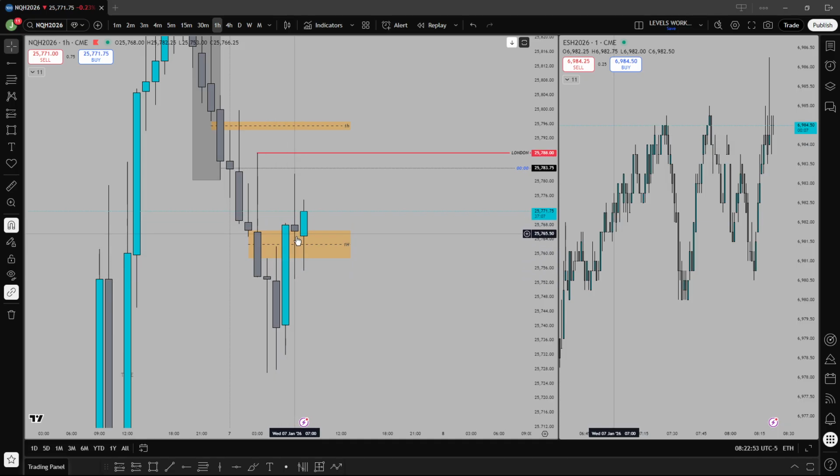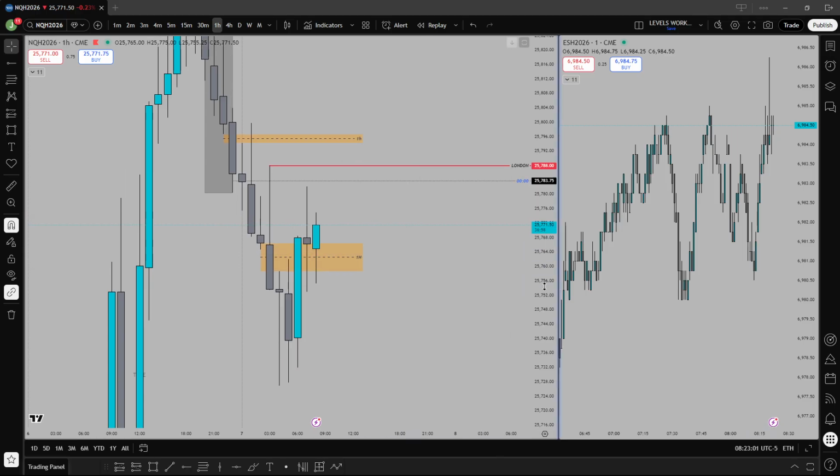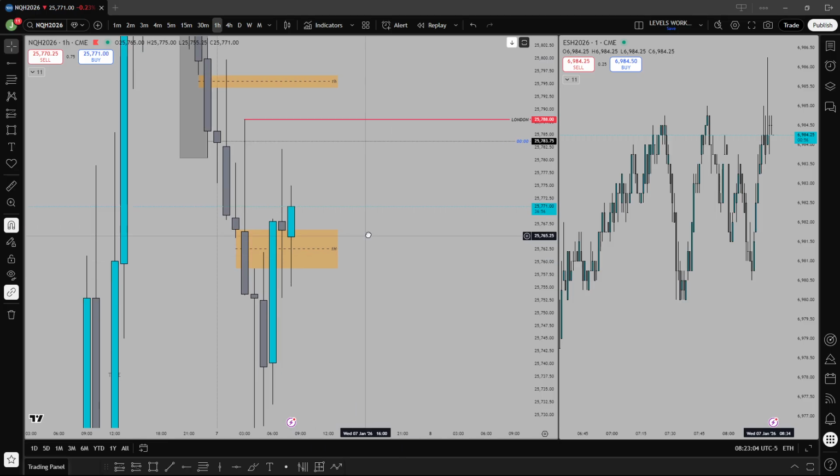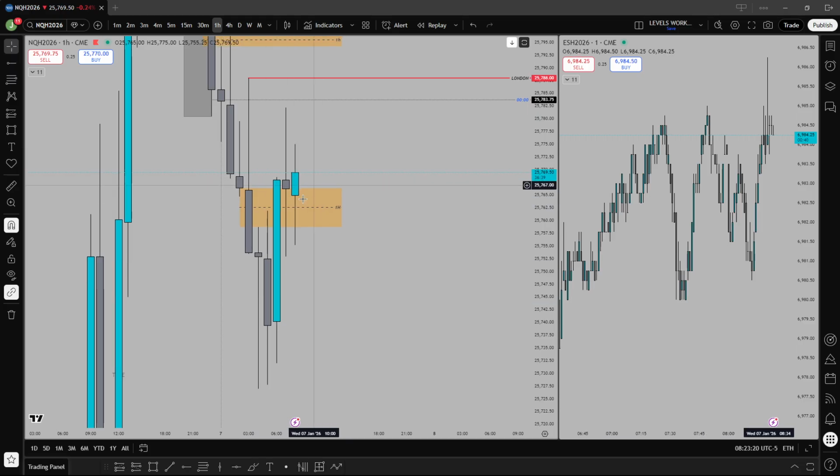We still closed pretty bullish, even above the upper quadrant of that hourly inefficiency. I was expecting that at 8:15 we may at least try to make a move lower. So now I'm looking for 8:30 to do that.